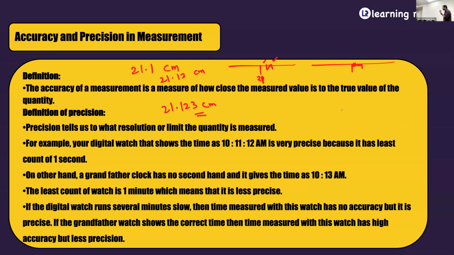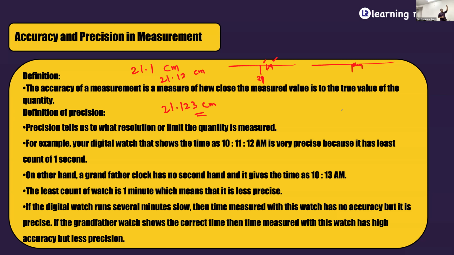That distance gives us the least count. I'm not going with the book definition exactly. In your book, they would have said it is the number immediately after 0. But I'm telling you, if you measure the distance between any two subsequent lines on that device, that gives you the least count.